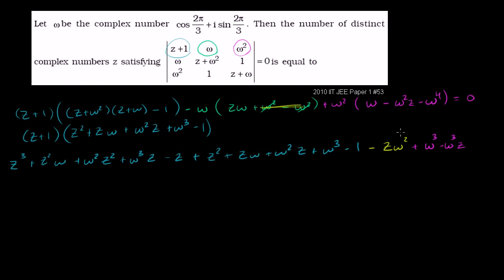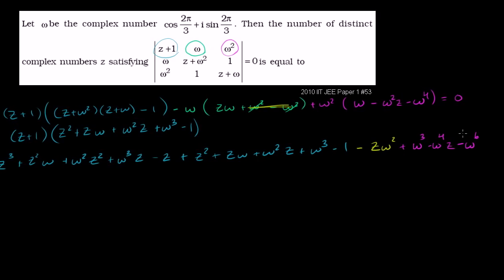Oh, let me be careful. That would be omega to the fourth. Omega squared times omega squared is omega to the fourth, so omega to the fourth z. And then omega squared times omega to the fourth is omega to the sixth, and we have a negative sign, so negative omega to the sixth. And of course, this whole thing needs to be equal to 0.